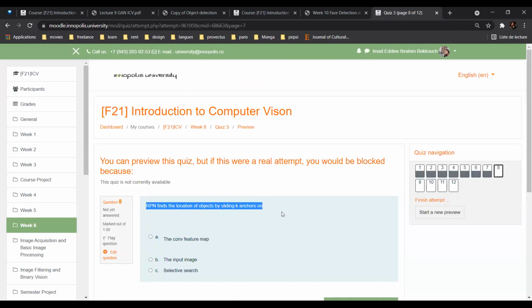RPN finds the location of objects by sliding K anchors on the convolutional feature map, the input image, or selective search. Again, a very absurd answer: selective search does not exist. Now, two very confusing answers are the convolutional feature map or the input image. What do you guys think? Convolutional feature map. Precisely.